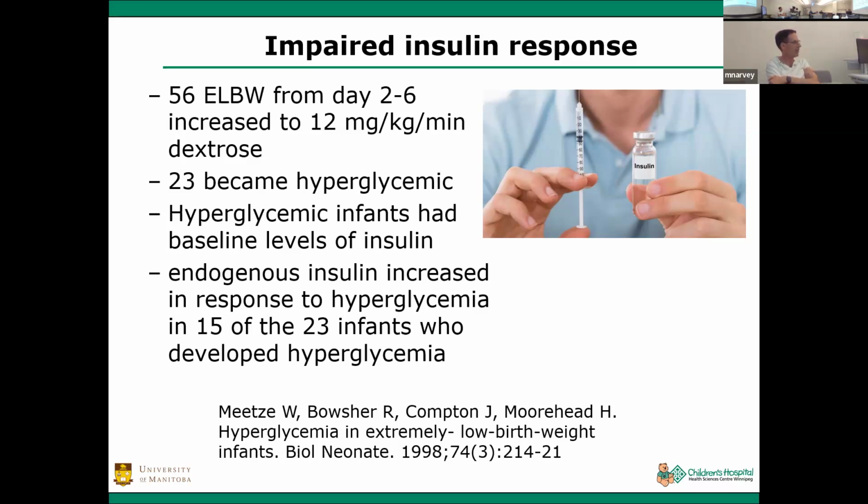So there were 8 babies out of the 23 that didn't really see a rise in their insulin for whatever reason. So this led to a theory, again, a theory, that one reason why LGANs have a tendency towards hyperglycemia is because in some of them, they don't appropriately increase their insulin levels as dextrose levels are rising.